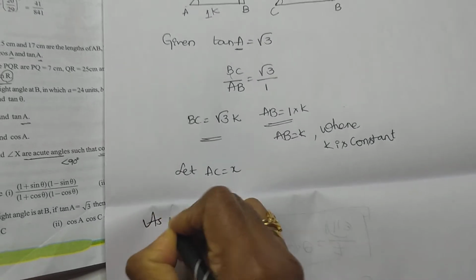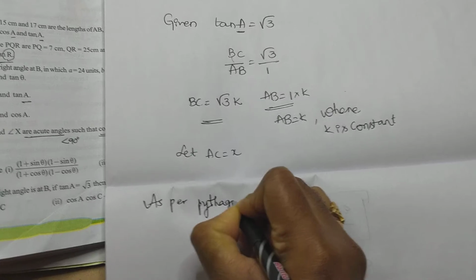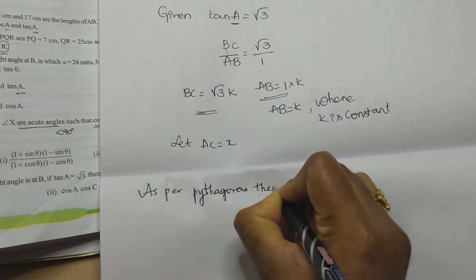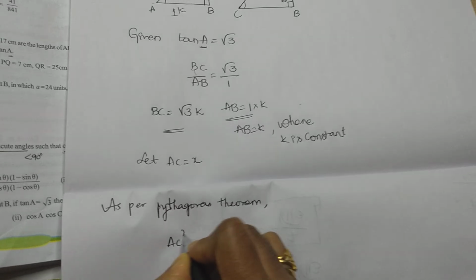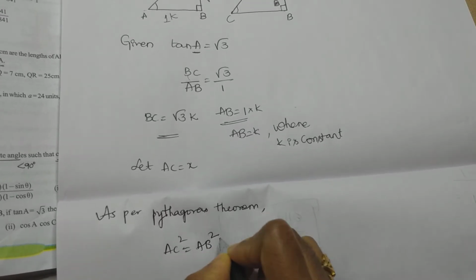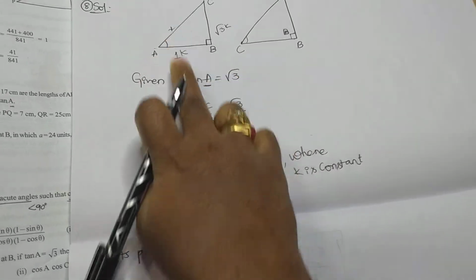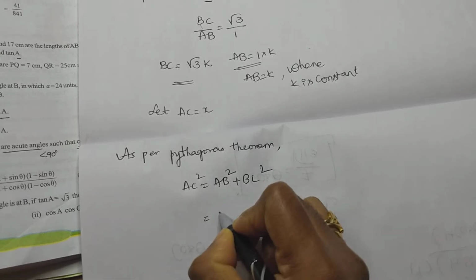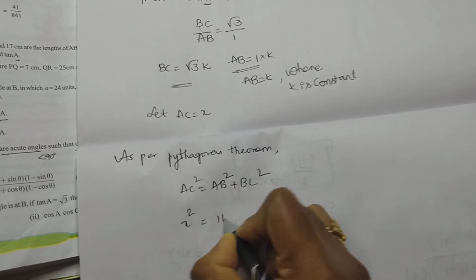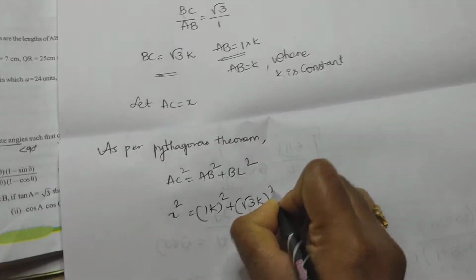So as per Pythagoras theorem, we can write that AC square equals AB square plus BC square. Correct? So what is AC here? X square equals 1k whole square plus root 3k whole square.